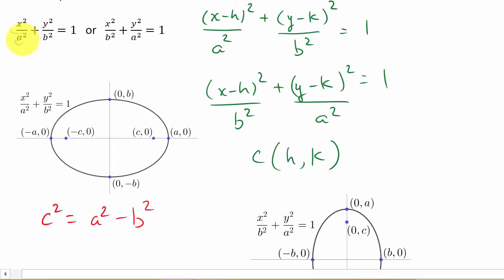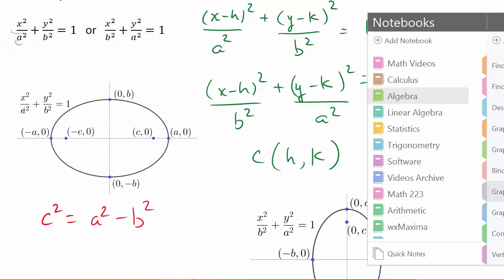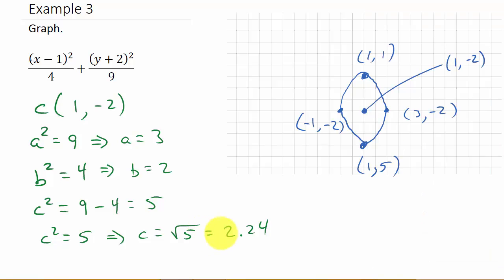If a squared was under the x squared term, our foci would be on the horizontal axis, which would be the major axis for that. So let's plot that. It's 2.24, so from the center we go up 2.24 and down 2.24.